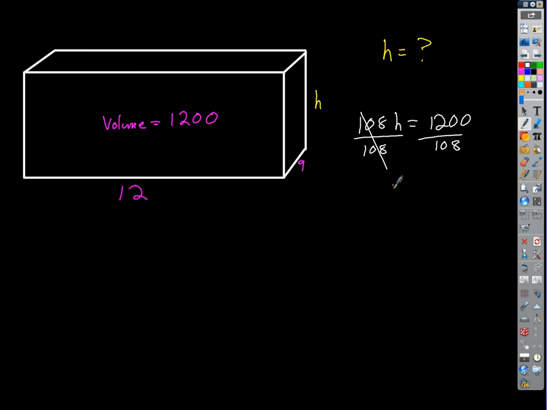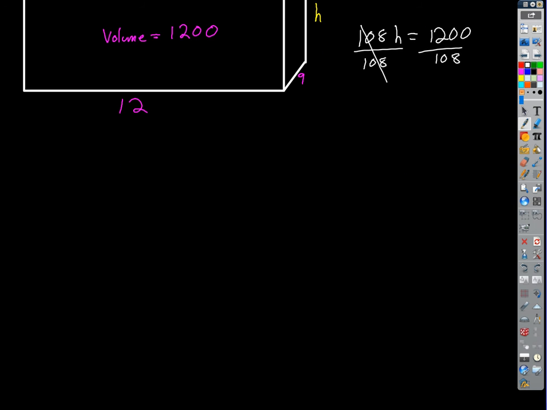Okay, well, let's do that division. It's been a while since you've probably done any division by hand, right? So h is equal to that quotient. If I wrote that out, let's use long division. What goes inside that little division symbol? The 1200 goes inside, whatever's in the numerator. 108 goes outside.